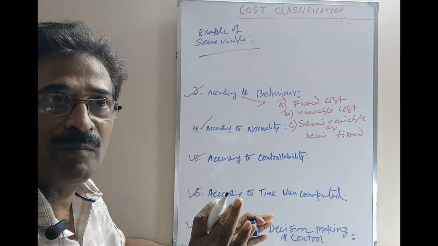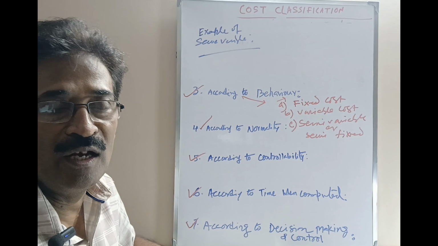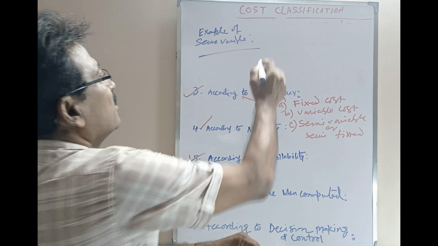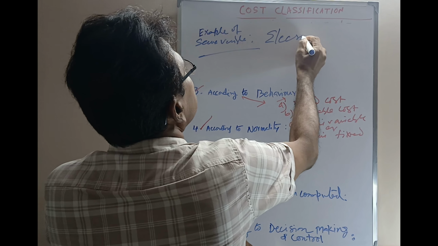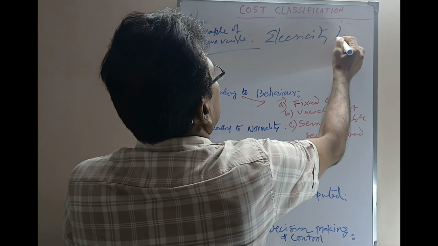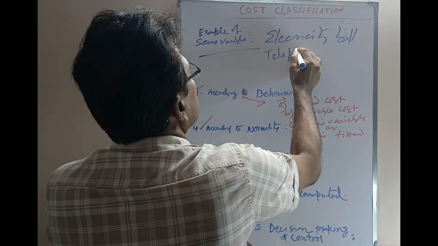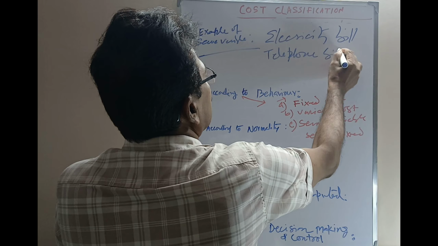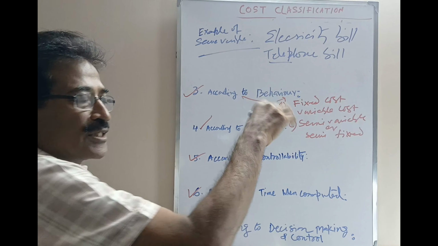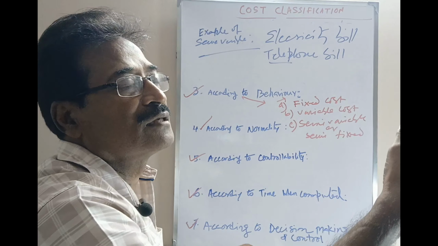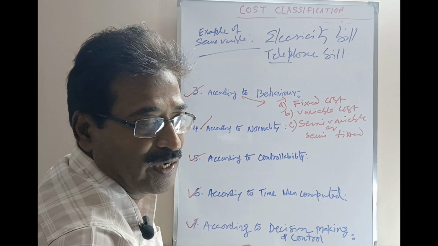Certain portion is fixed and certain is variable. Then the telephone bill: a fixed monthly charge plus a variable part with long distance calls.